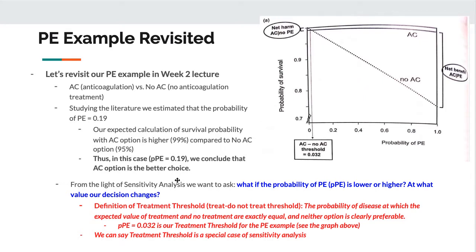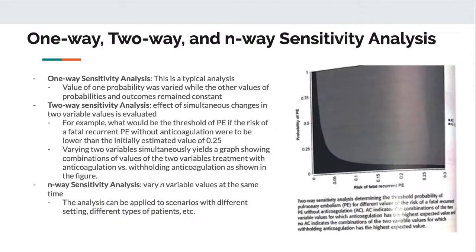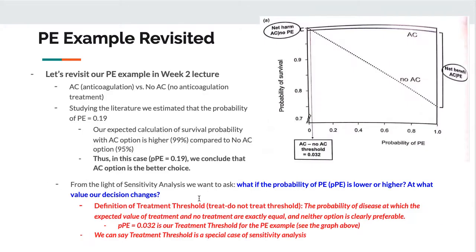From the line of sensitivity analysis, we want to ask the question: what if the probability of PE is lower or higher, and at which value does our decision change? Based on the literature, we have the value of 0.19, but in reality, maybe the actual value could be different.